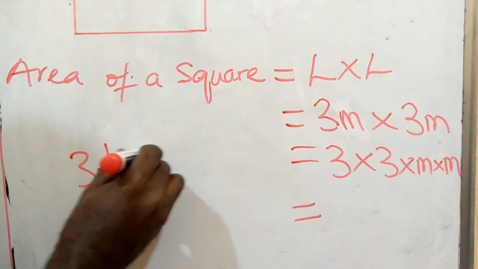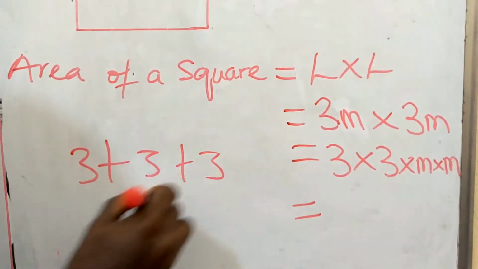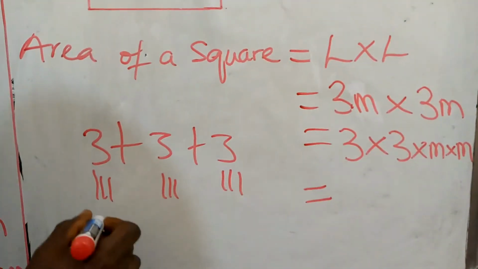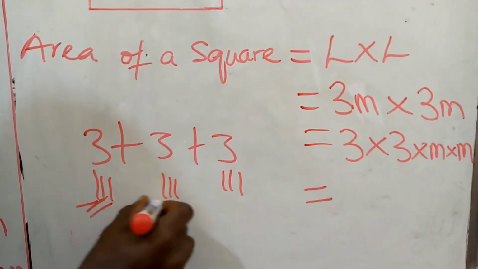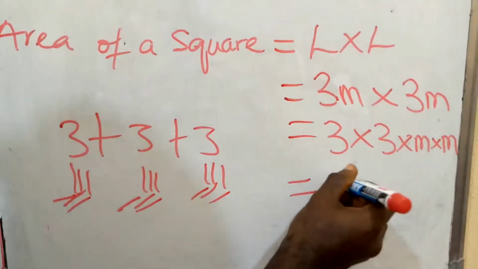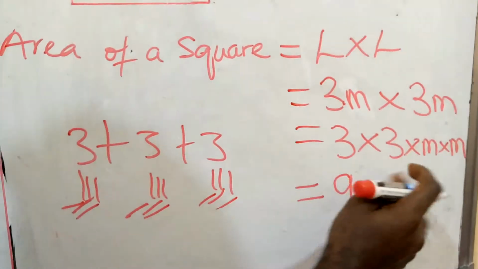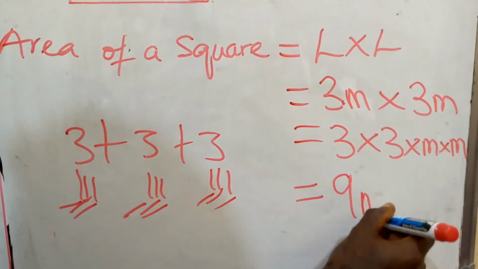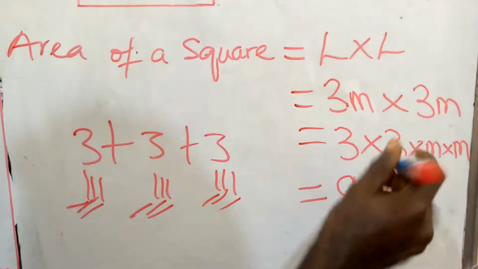3 plus 3 plus 3. 1, 2, 3. All right, adding them, we have 1, 2, 3, 4, 5, 6, 7, 8, 9. So 3 times 3 is 9. And m times m is what? M squared.